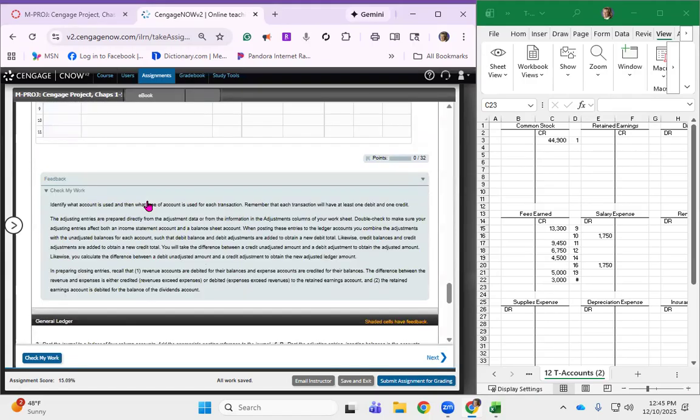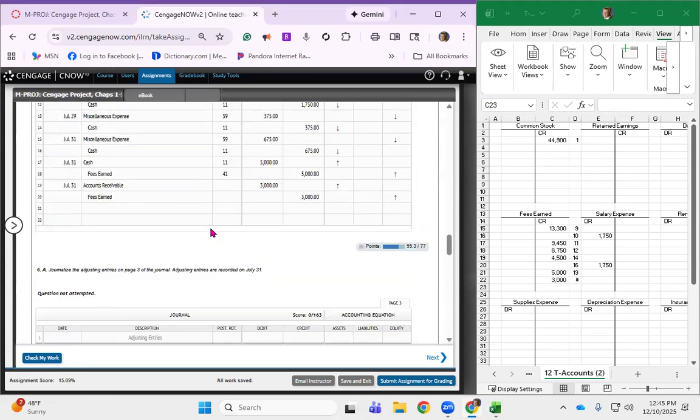Now I'm ready to put in the account numbers to show that I have posted. So accounts receivable is 12 and fees earned is 41. Okay, last one of the transactions. Now this is transaction number 25.